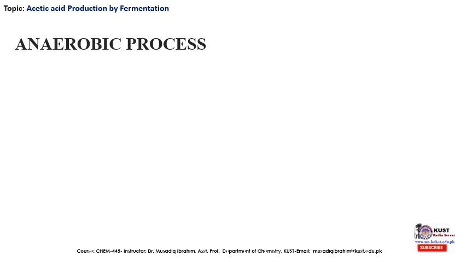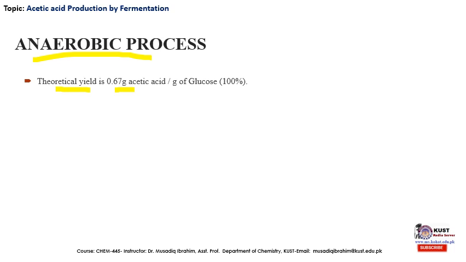Now, in case of the aerobic process, the theoretical yield is 0.67 gram acetic acid obtained from 1 gram of glucose, and here the glucose used is 100% pure. The realistic yield is 76%, that is 0.51 gram acetic acid is produced from 1 gram of glucose.